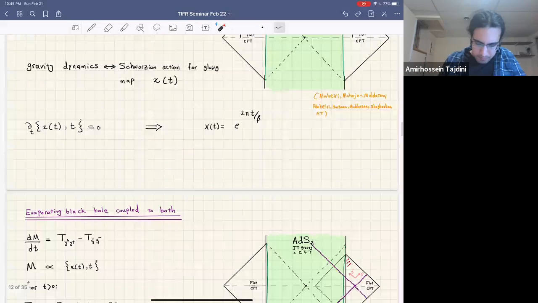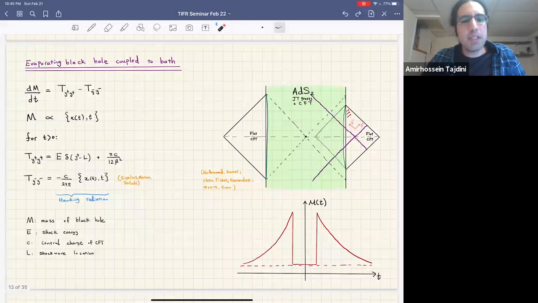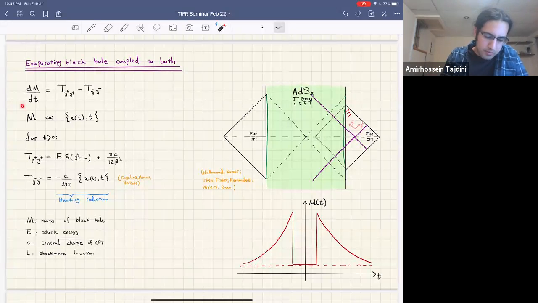So how do we find the black hole that is evaporating? We can basically repeat the same thing as AEMM. We consider two shock waves that are Z2 symmetric in time. Once this shock wave goes into the black hole, the same thing happens. The only thing that changes is that the mass of the black hole, of course, changes. There will be a flux, and the stress tensor of our matter field near the boundary point will have different contributions.